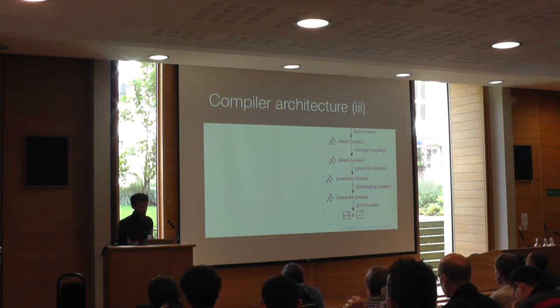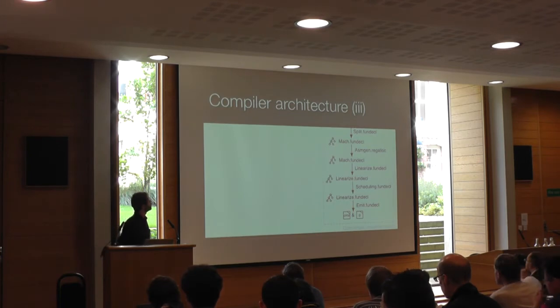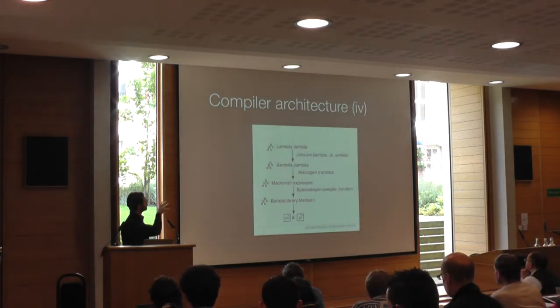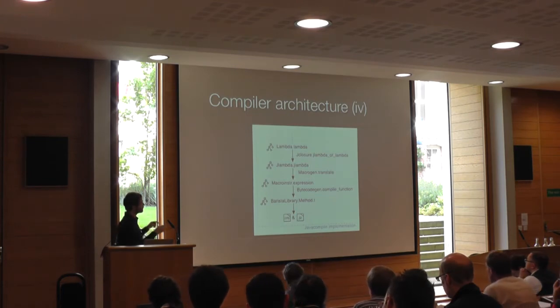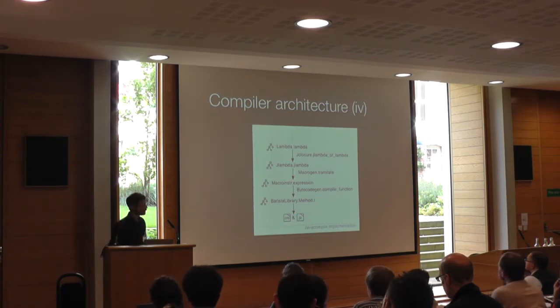So what the OCaml-Java compiler does is, in fact, start where the two other compilers split, and then have a few places to generate bytecode.